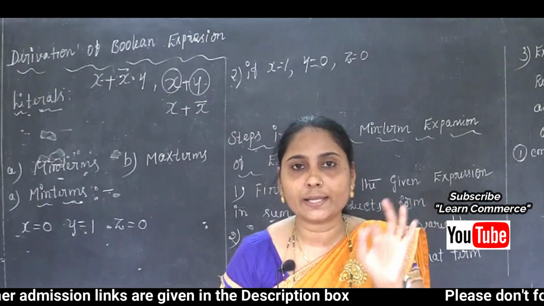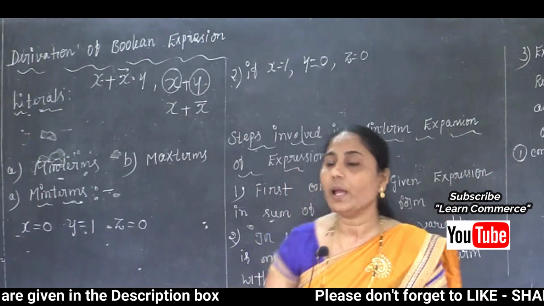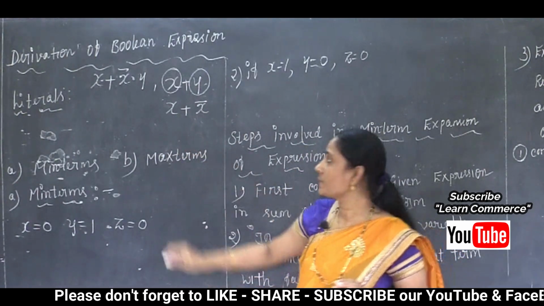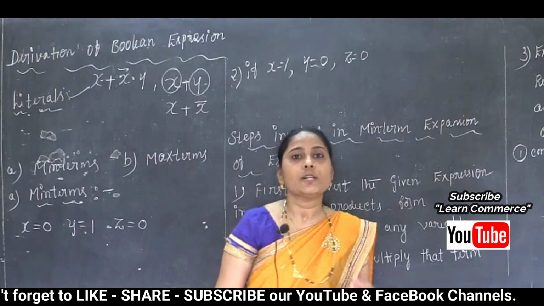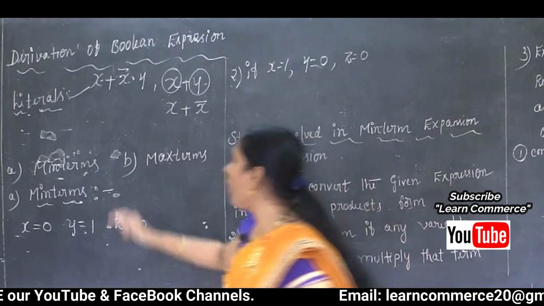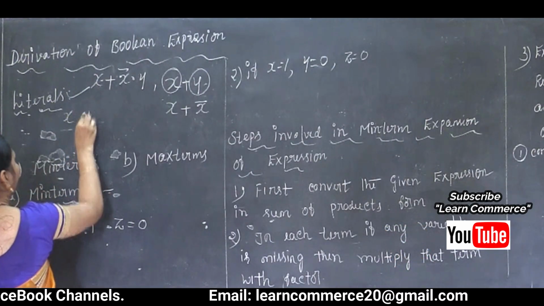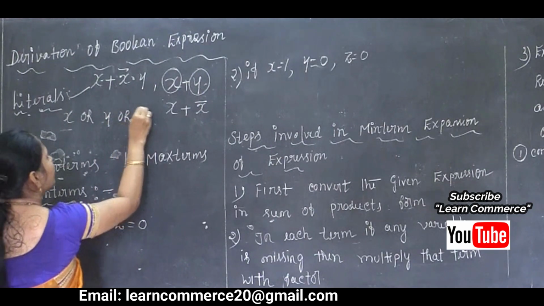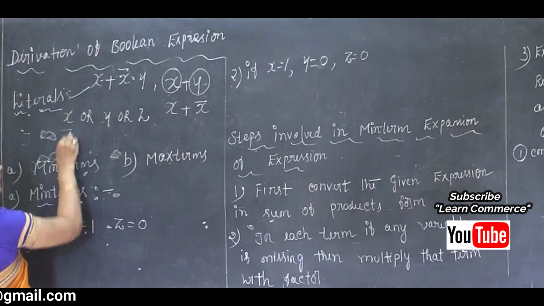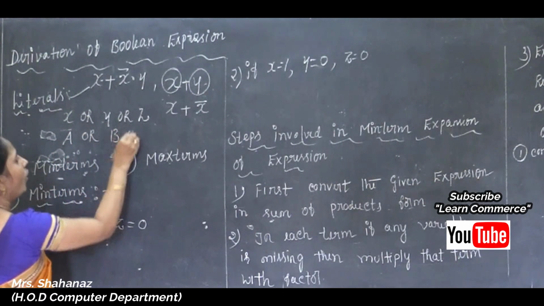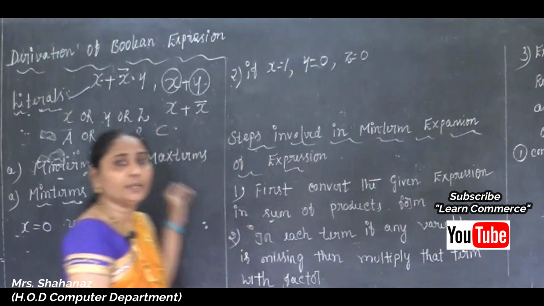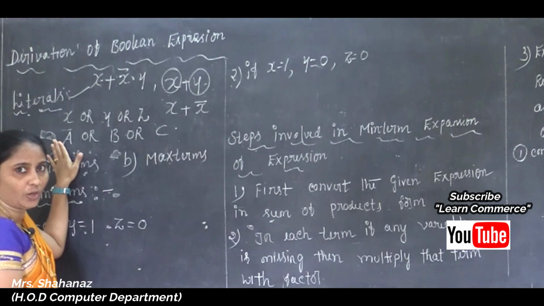A Boolean expression which consists of a single variable or its complement is known as a literal. Some examples of literals are x or y or z, or a or b or c, etc.